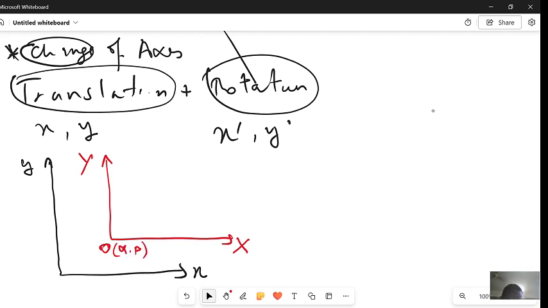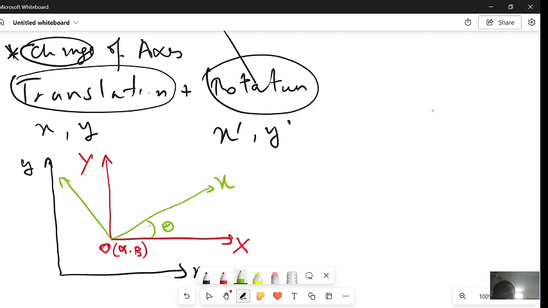We already know this. After that, I will do a rotation with angle theta to get capital X prime, Y prime, with some angle theta here. That is, I did the translation first, and after that I do the rotation.